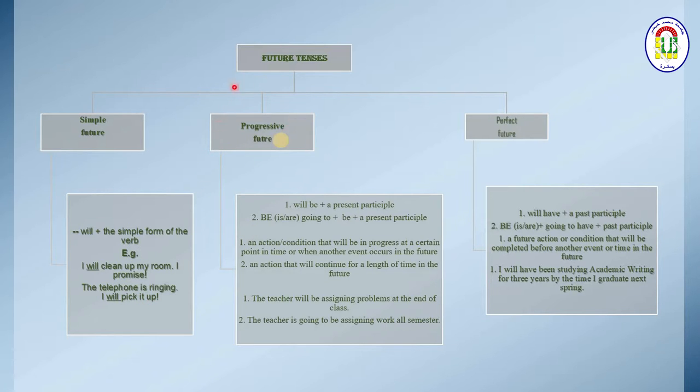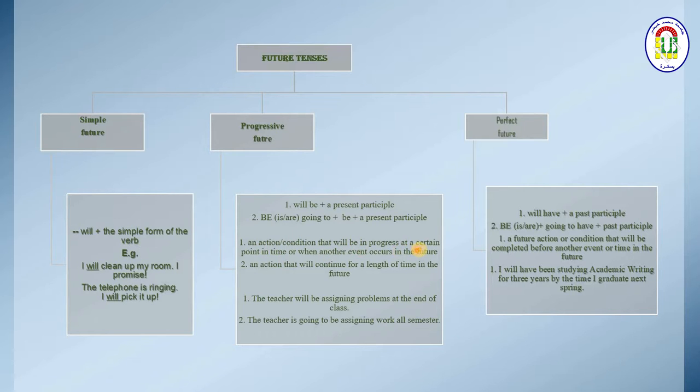Okay, progressive future. The progressive future is will be plus a present participle. Or we have two forms: the verb to be, is or are, going to plus be plus a present participle.